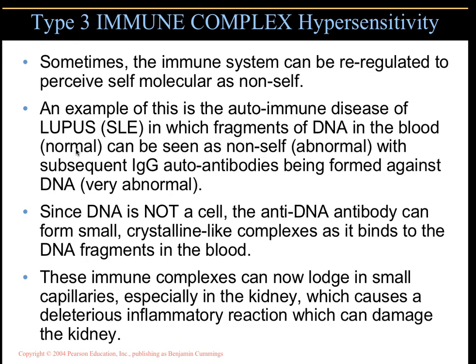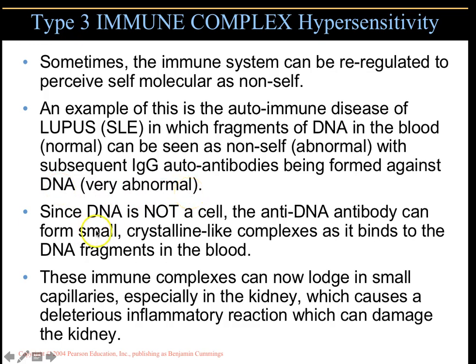But for individuals with lupus, and it tends to affect young women more than any other population, the DNA, after sensitization, is seen as foreign or different. And then the person's immune system will make IgG autoantibodies against DNA, which is very abnormal.